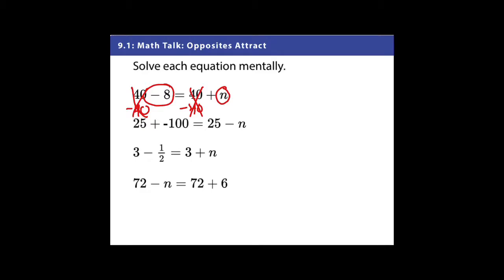Okay, going to the next one, there's a 25 on each side. So again, you'll just subtract one of them off, and they're both positive, so it cancels out again, and you'll get negative 100 equals negative n. And so you have two negatives, so it would be positive 100 equals positive n. Okay, the next one, there's a 3 on each side, so subtract that.